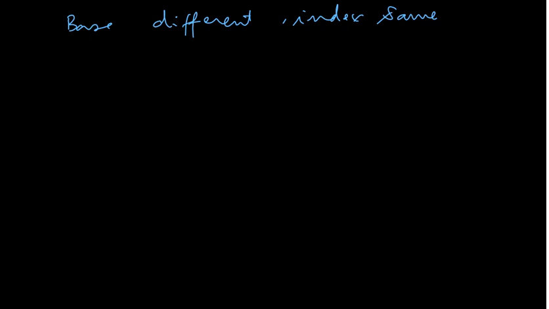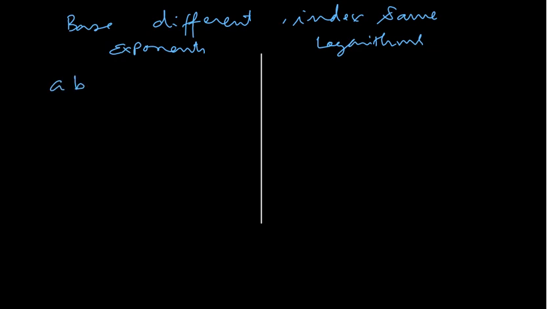So for this again you have the same division here. So that goes with exponents, and here logarithms. So the bases are a, b, and you have the same rule.